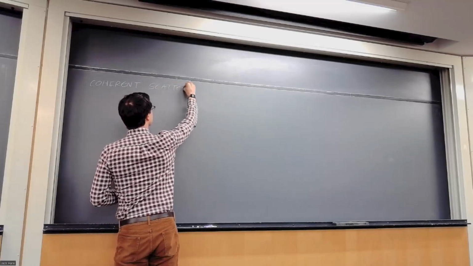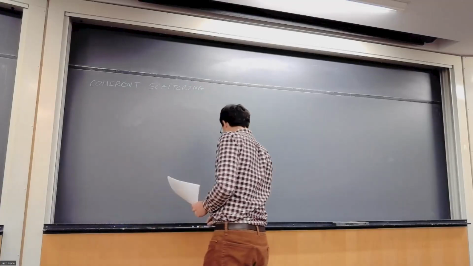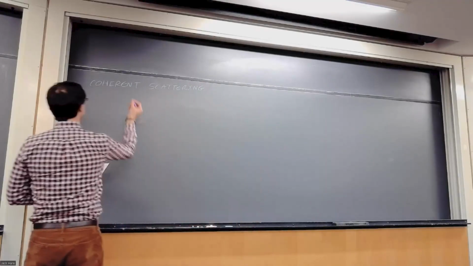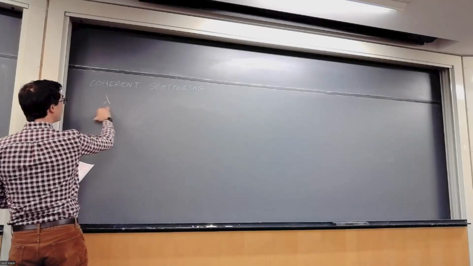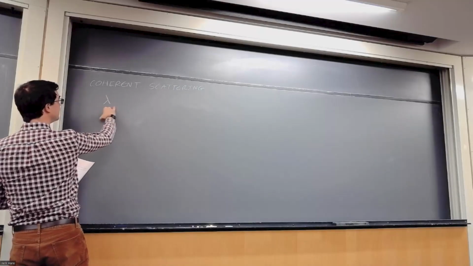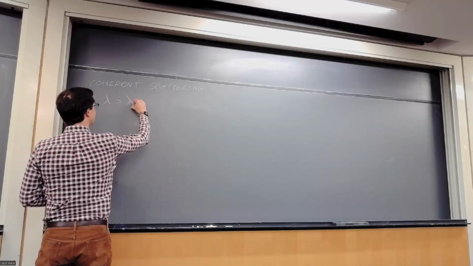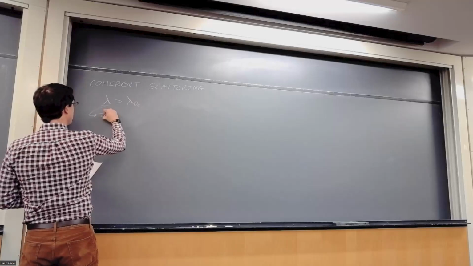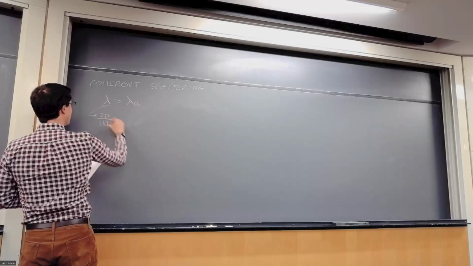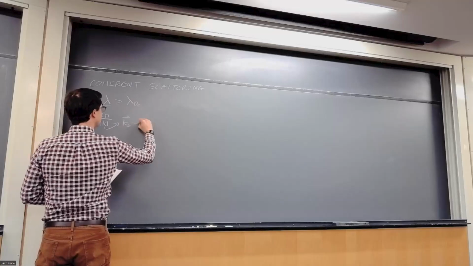Coherent scattering. So just as a quick review of what we discussed at the end of the last lecture, we are looking at scattering when the wavelength of whatever the mode is that we're scattering off is greater than the Debye length. This wavelength is 2 pi upon the size of k, where k is ks minus ki.